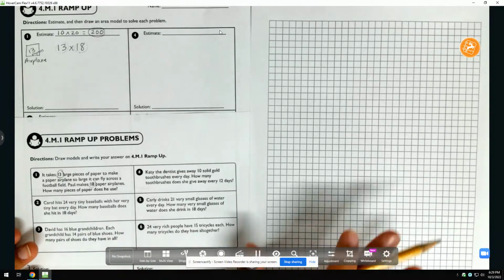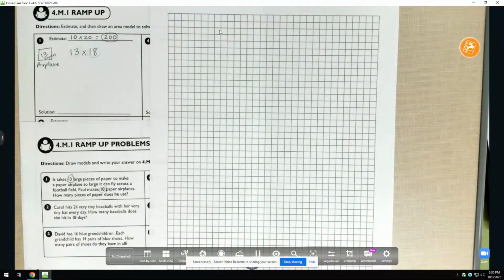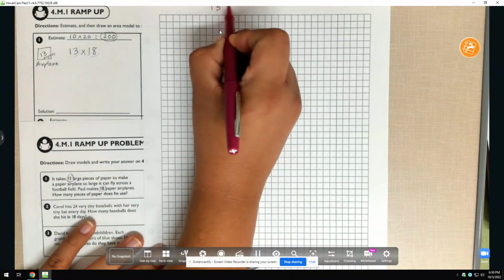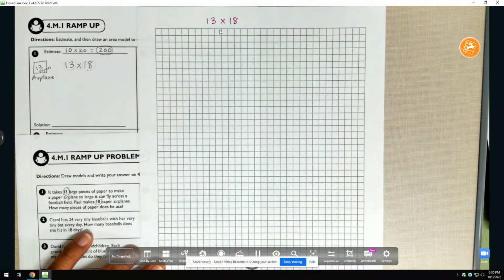And so now I'm ready to draw my area model over here. 13 times 18. All right, so 13 times 18 is what I'm looking for. So I am going to write my expression right up here, 13 times 18.